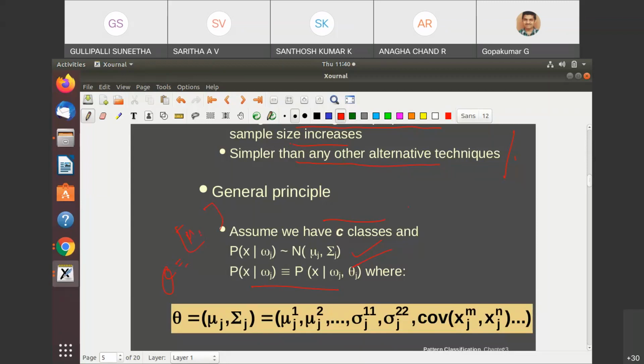So that means you have a mu j and a sigma j, and similarly you can have mu j for 1, 2, 3 etc. different cases. That is just an expansion of that one. Anyway, that is not important for us.